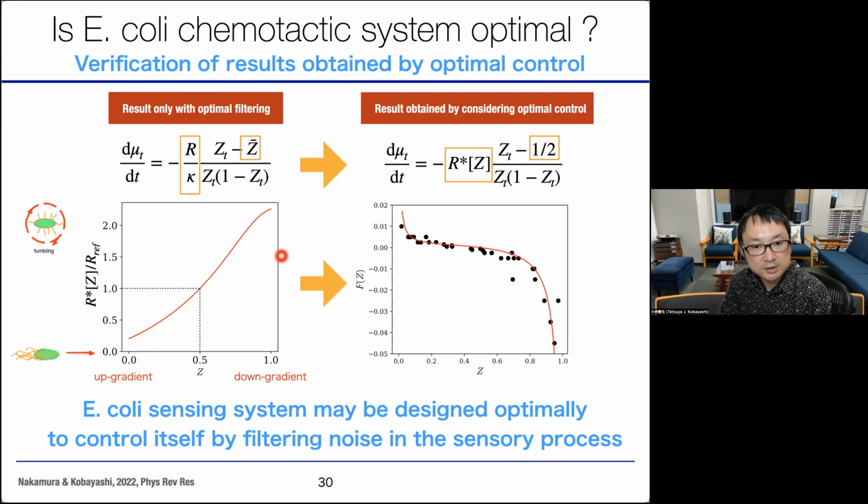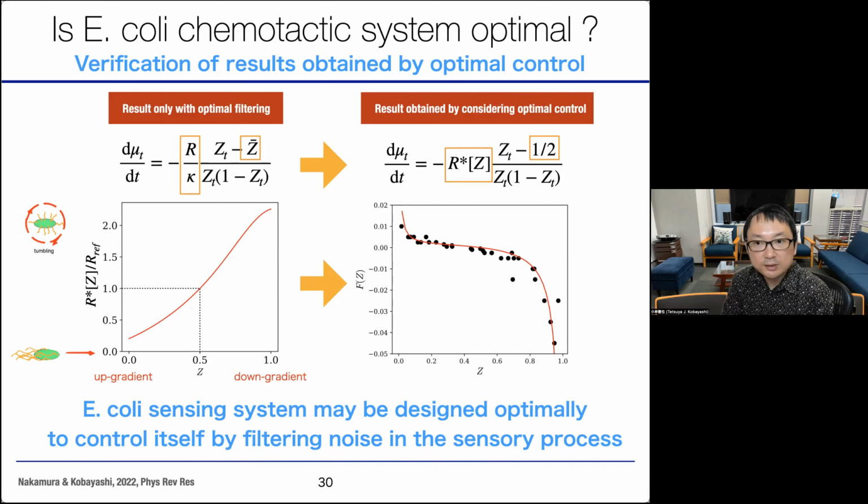By using this functional form, we can also fit the experimental data nicely. So in conclusion, our analysis suggests that the E. coli sensing system may be designed optimally to control itself by filtering noise in the sensory step.